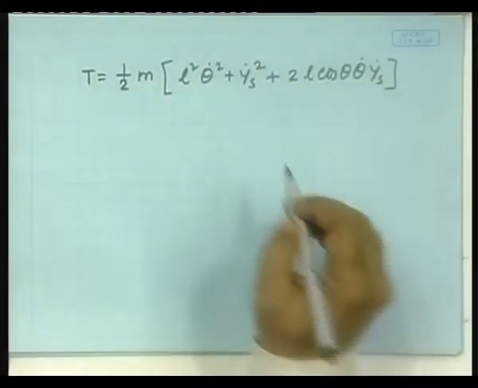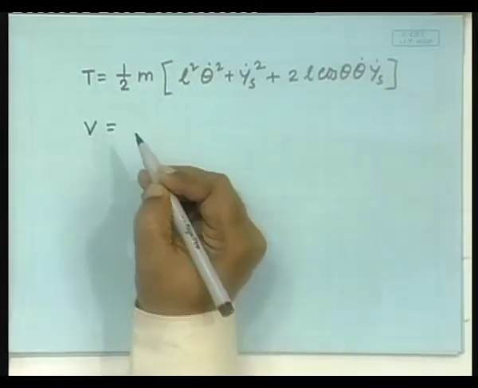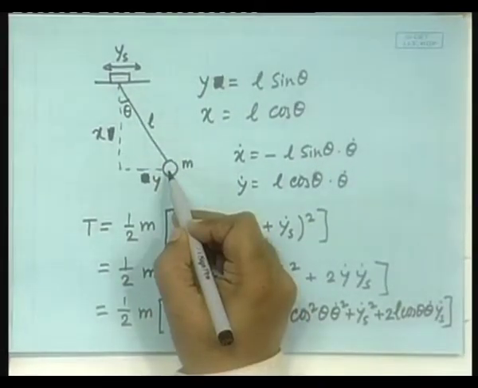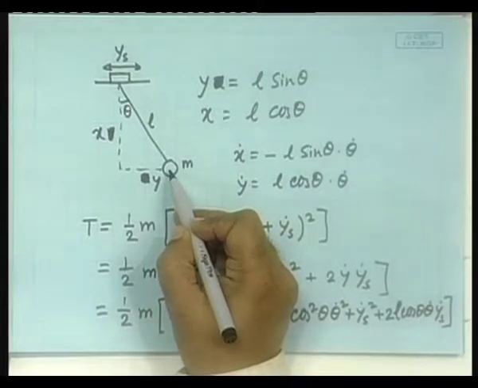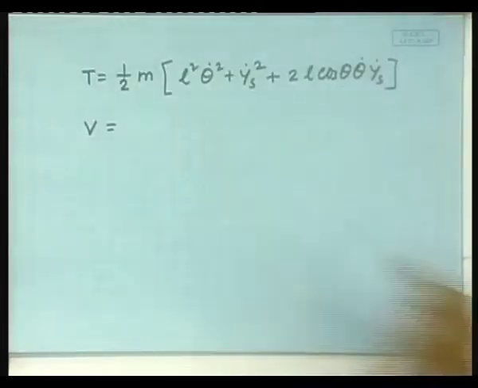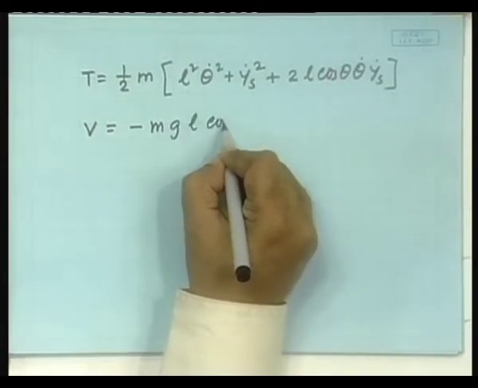So, we have written the T, and then we have to write V, the potential energy, and the potential energy is pretty simple, because it is in no way different from the simple pendulum. For the simple pendulum we had written minus mgl cos theta. So, minus mgl cos theta.